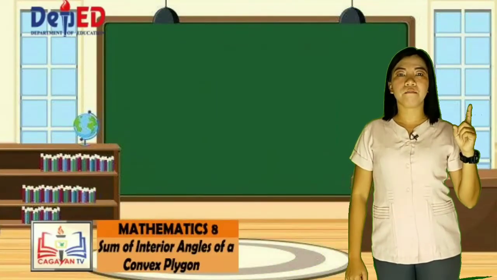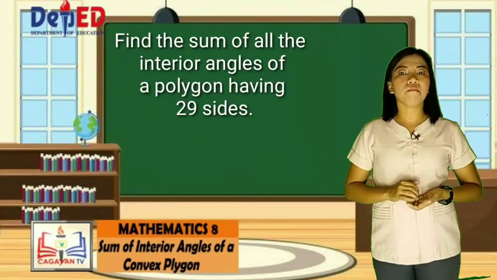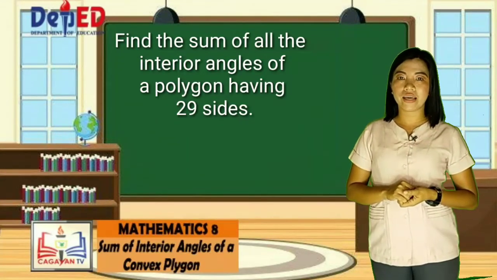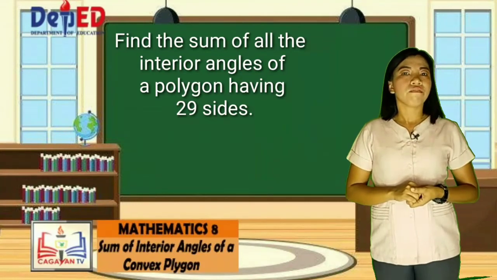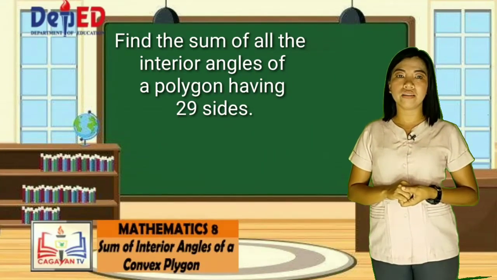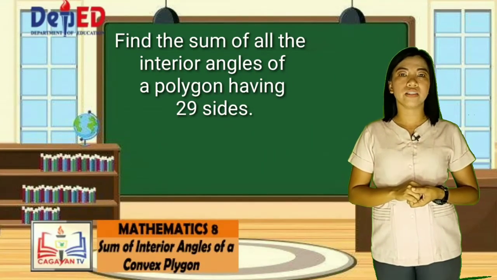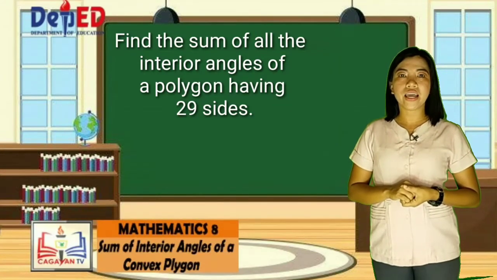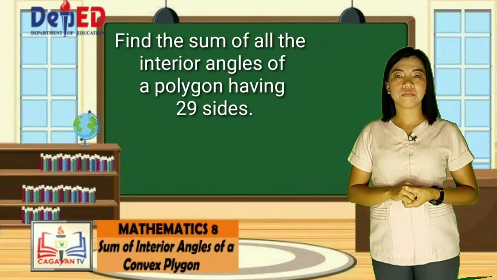The second problem. Find the sum of the interior angles of a polygon having 29 sides. I repeat, find the sum of all the interior angles of a polygon having 29 sides. Your time starts now.